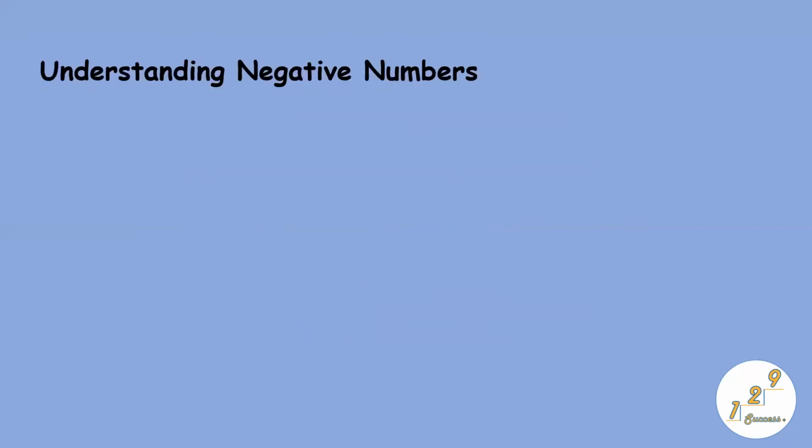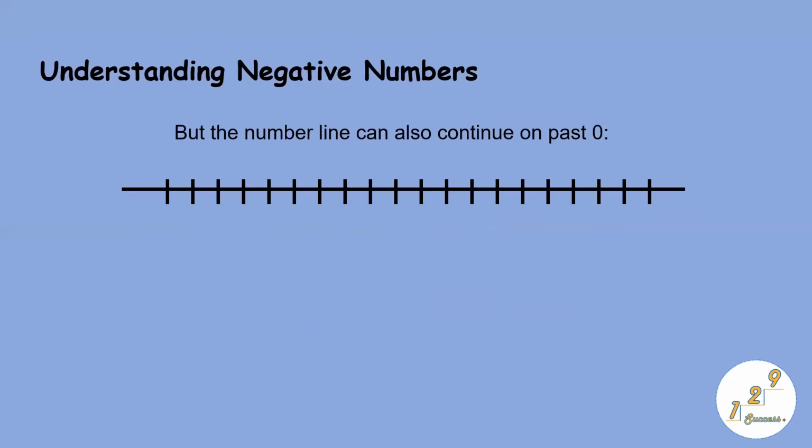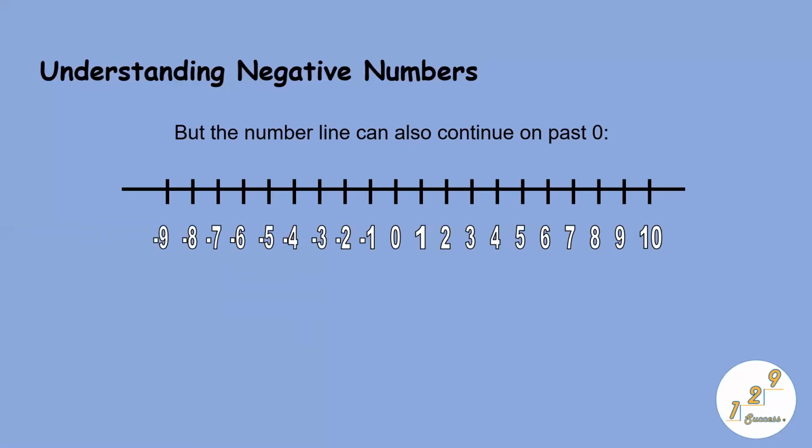However, that's not the whole story, because our number line goes past 0 and we can go to the left of it in a mirror image. So where we would count to the right, going 1, 2, 3, 4 and so on, we go to the left and we count away. -1, -2, -3, -4, -5, -6, -7, -8, -9 and so on, all the way down to negative infinity.